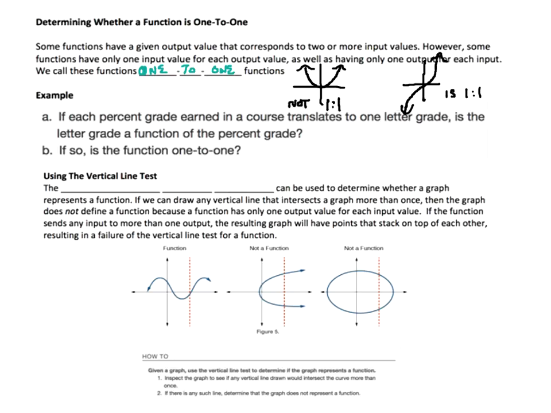So for a function to be 1 to 1, you should be able to put a horizontal line anywhere on that function, and it's only going to pass through 1 point if it's 1 to 1. Notice if I put a horizontal line going across the parabola, I hit 2 points. It's not 1 to 1.